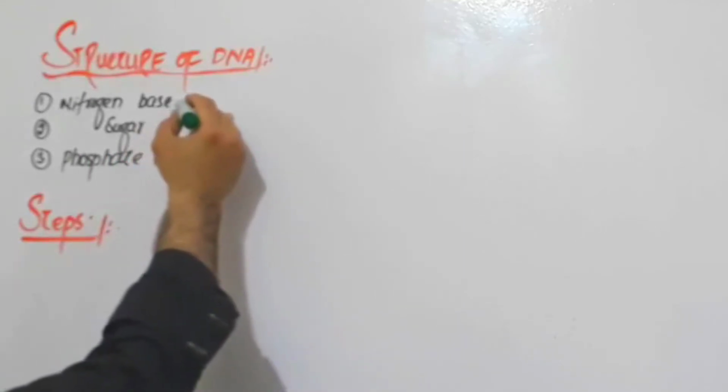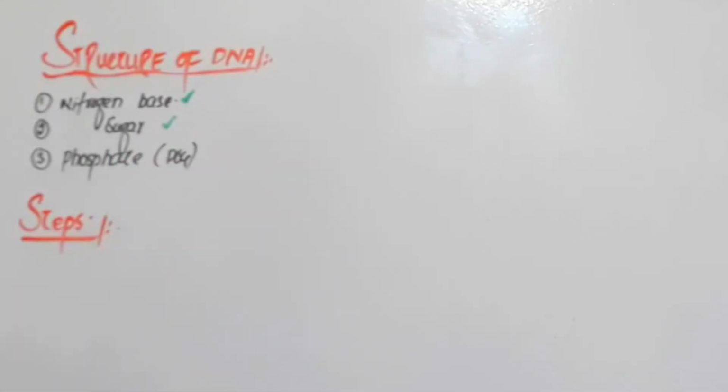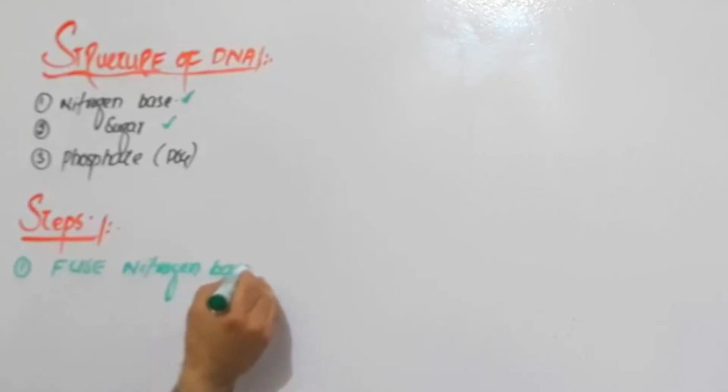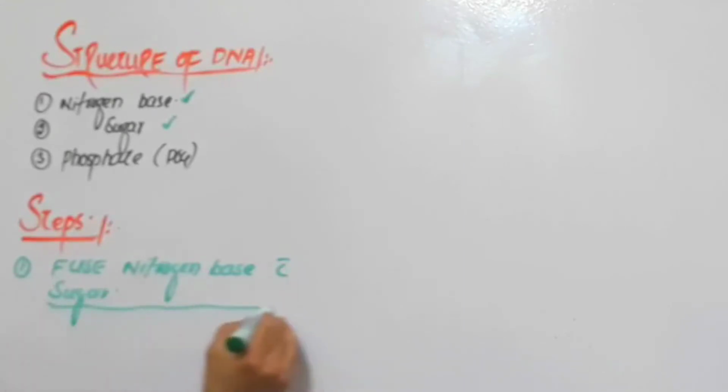The first step which happens is that we combine the nitrogenous base with the sugar, right? So the first step, fuse nitrogen base with sugar, right? So let's do this step.